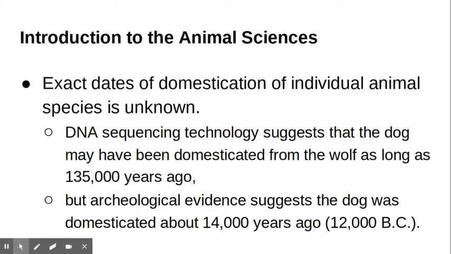DNA sequencing technology suggests that the dog may have been domesticated from the wolf as long as 135,000 years ago. Archaeological evidence suggests that the dog was only domesticated about 14,000 years ago. So even within science, sometimes there are some discrepancies.